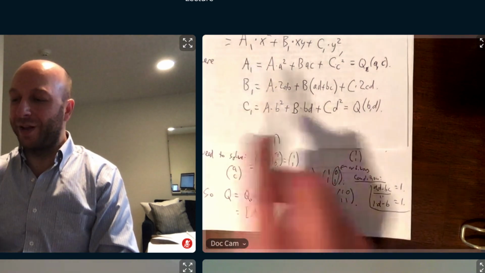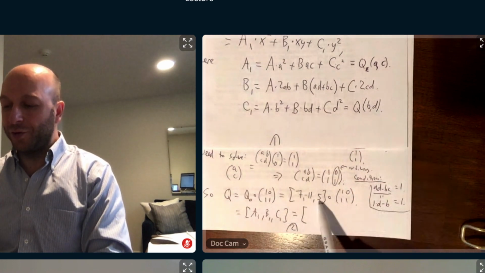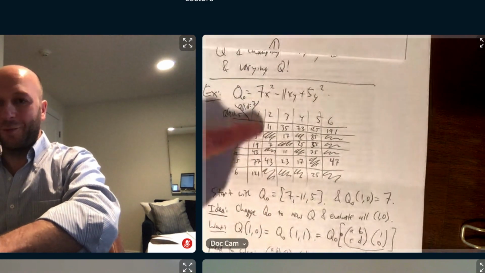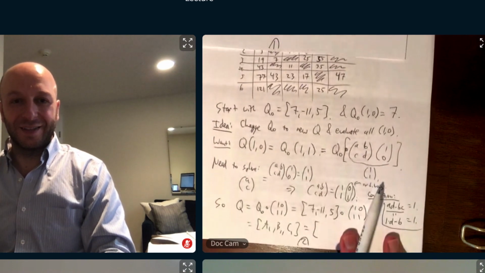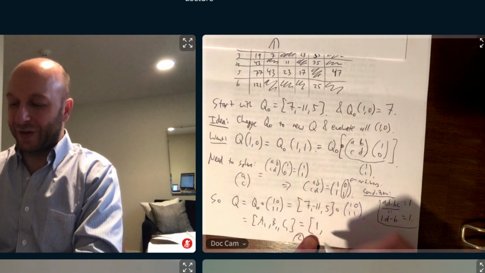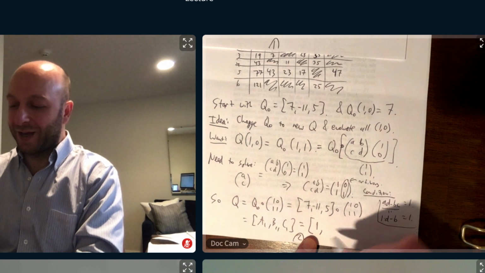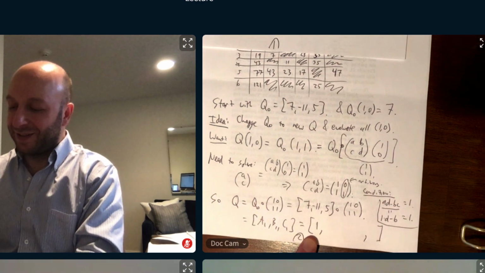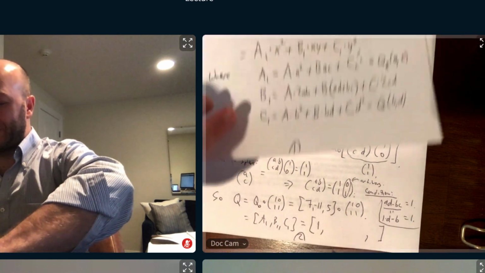We know that A1 is Q0 of A, C, so it's Q of 1, 1. The whole thing we were trying to do was find Q of 1, 1, and Q of 1, 1 is 7 minus 11 plus 5, which is 1. Okay, that's the easy one. How about C1? C1 is also easy. We might have to work a little bit on B.